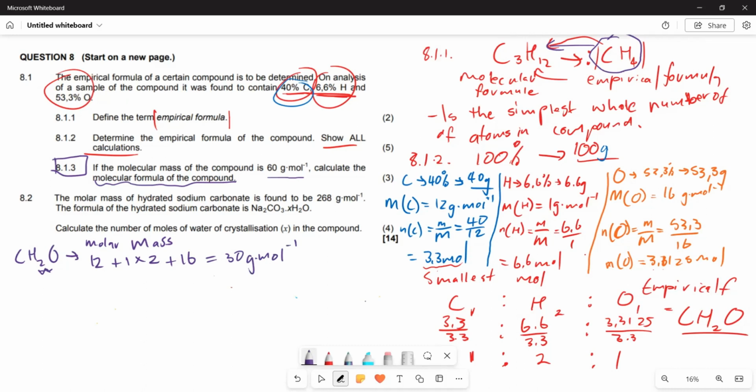And now for you to find the molecular formula, you are going to say your formula mass divided by the empirical mass. Now what is the formula mass?